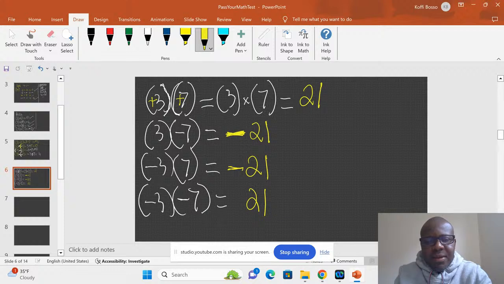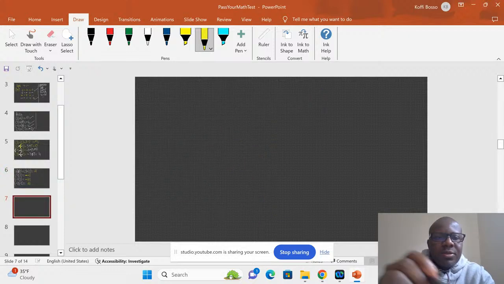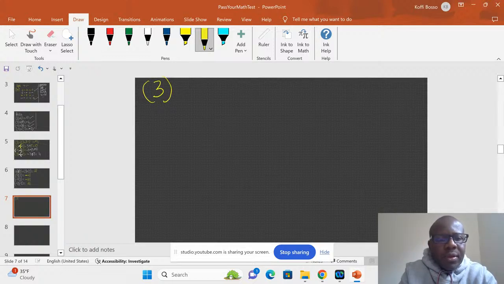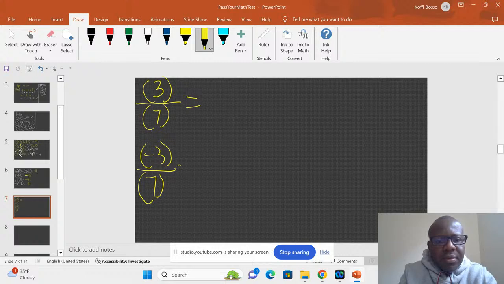Okay, now if I want to do division, I take the same numbers. I take a 3 divided by 7. I take negative 3 divided by 7.